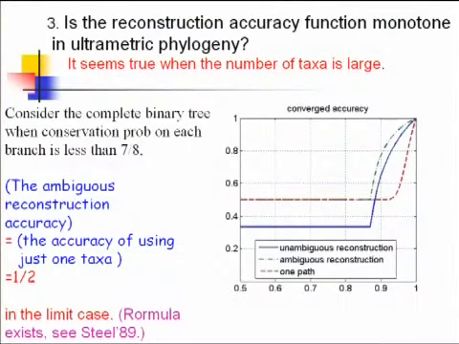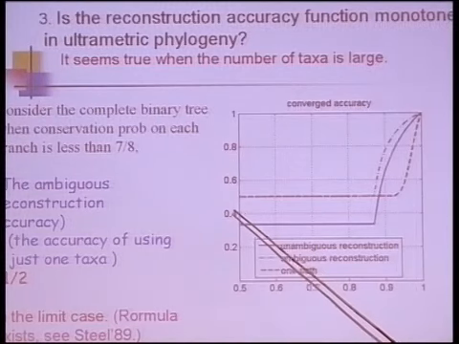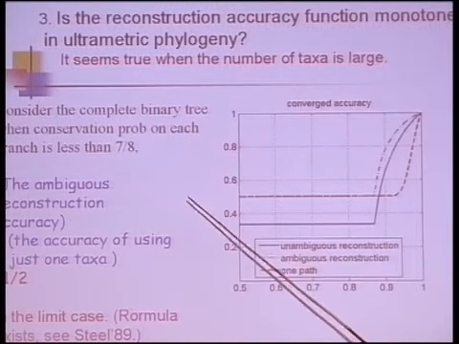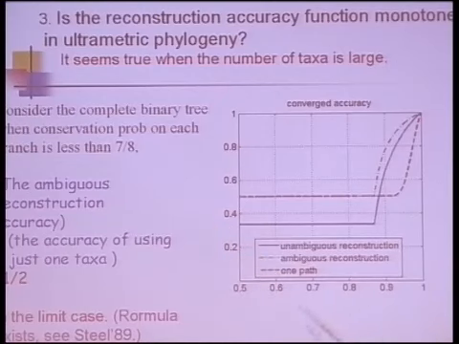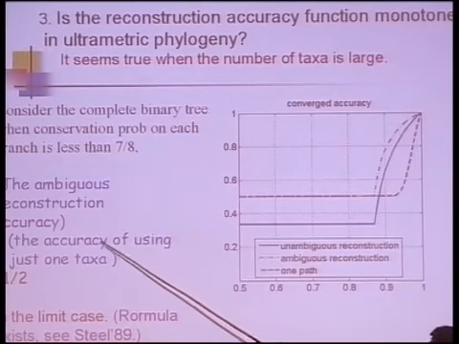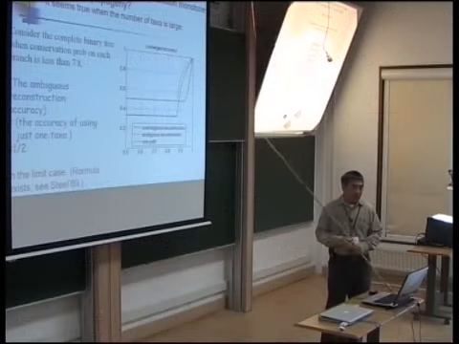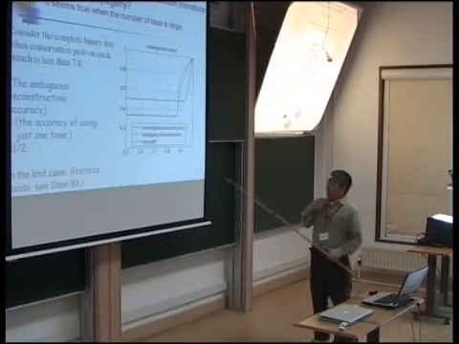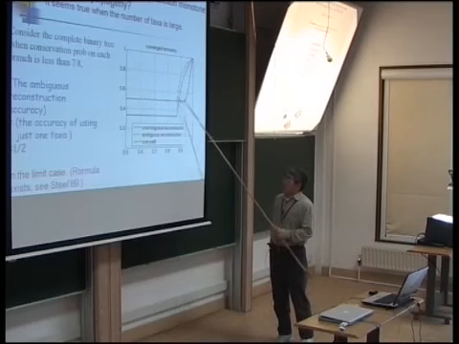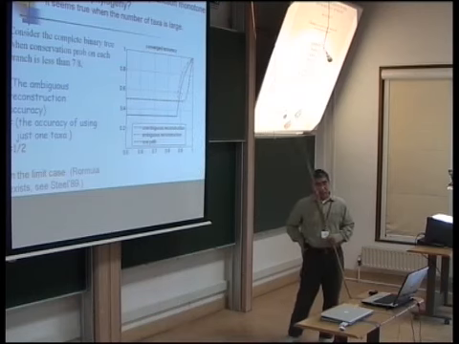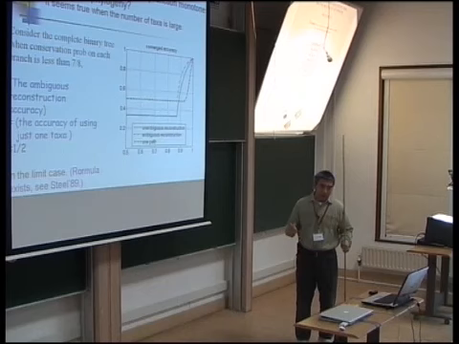When the conservation probability is smaller than 7/8, the reconstruction accuracy equals 1/2, the same as the conservation probability along the lineage in the limit case. When the probability is bigger than 7/8, the reconstruction accuracy is better.